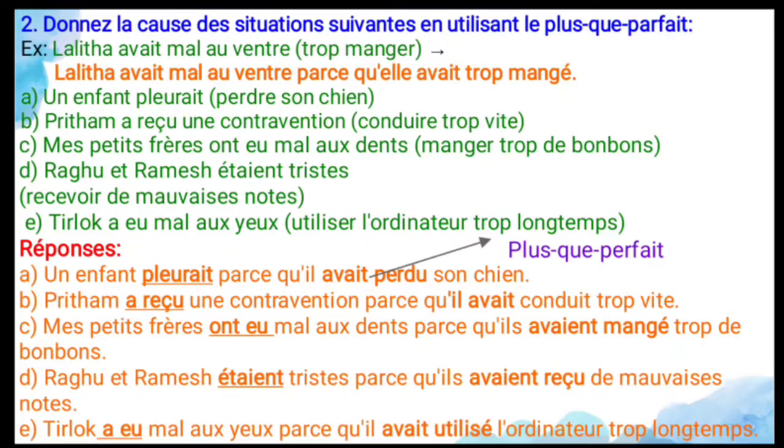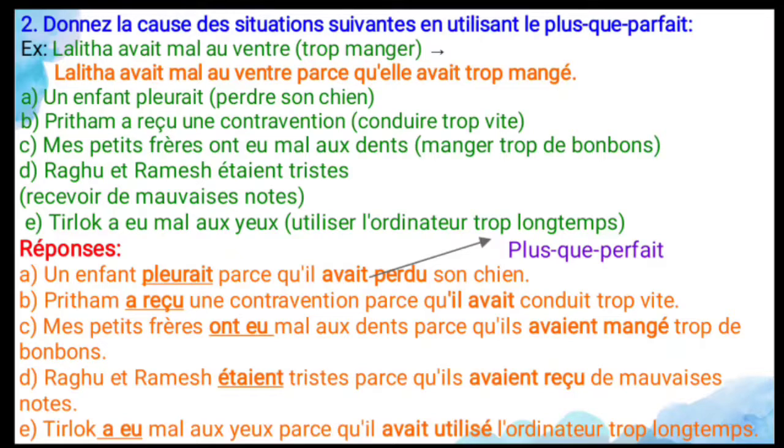And second, donner la cause de la situation suivante en utilisant le plus-que-parfait. So give the cause of the following situation using the plus-que-parfait. See the example. Lalita avait mal au ventre. And in that bracket they give some verb: trop manger. Trop manger means what?